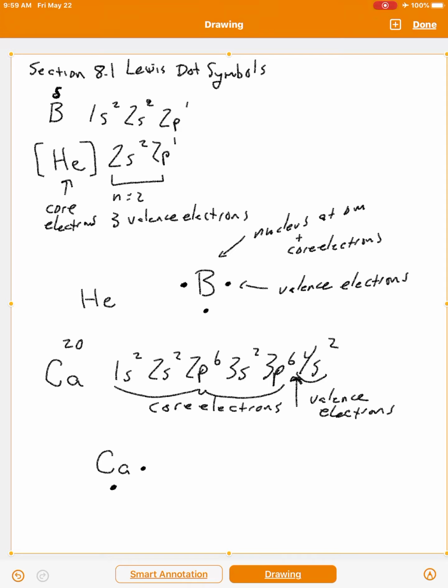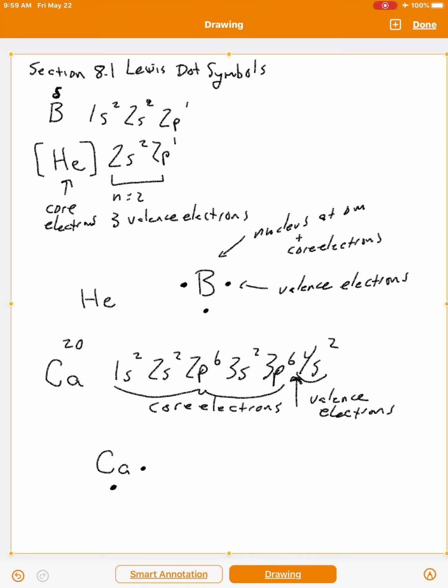So here's what you do. You represent the nucleus and the core electrons. There's only 2 core electrons. And then we represent the 7 valence electrons like so. There's 4. And notice what I'm doing. I'm going around almost like thinking of it like a box. So 1, 2, 3, each side gets an electron.